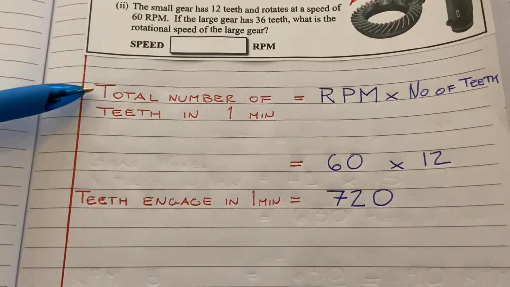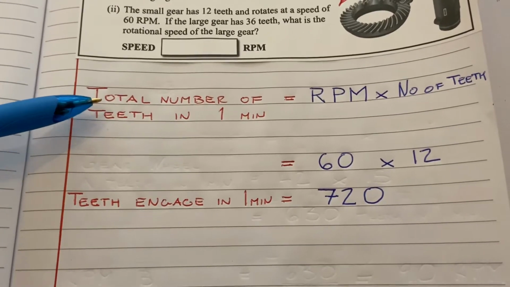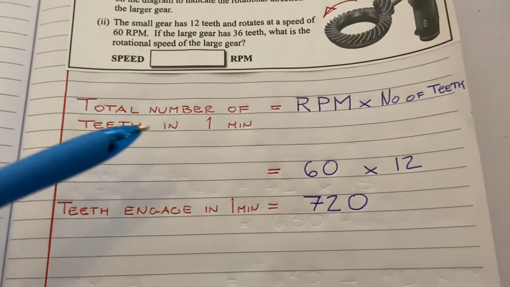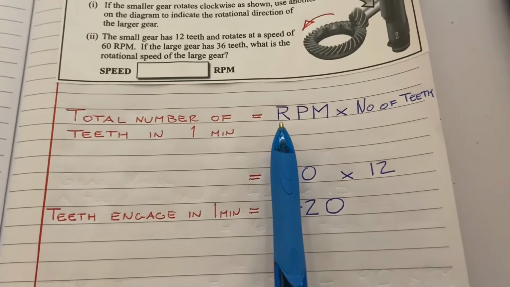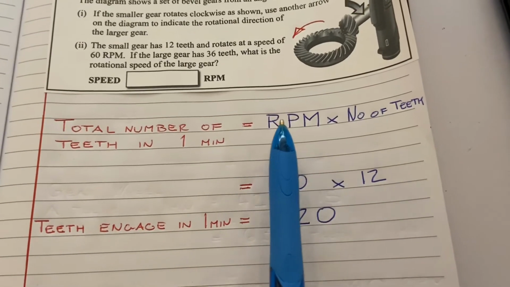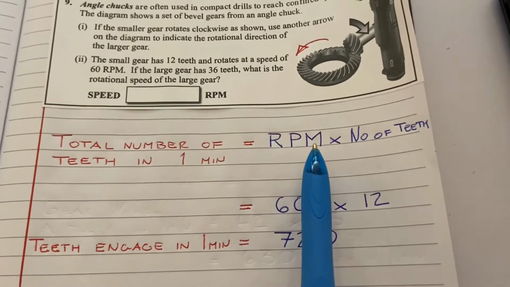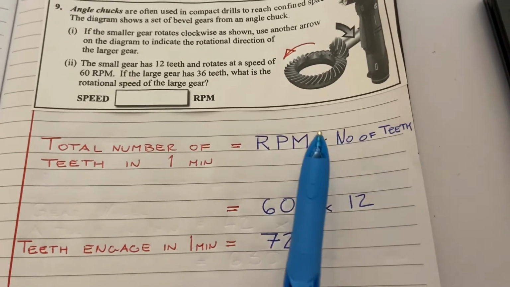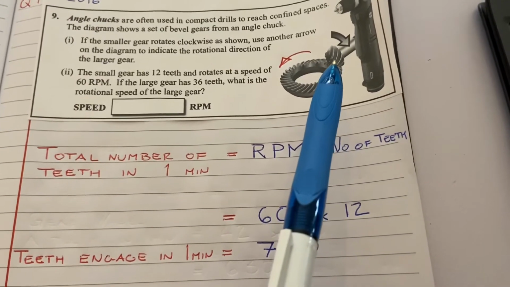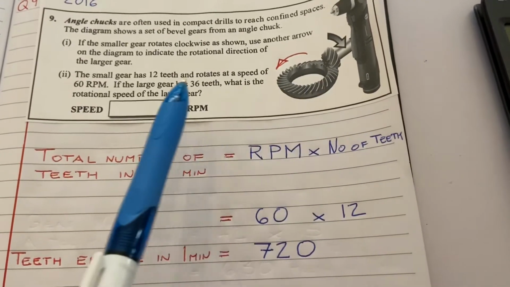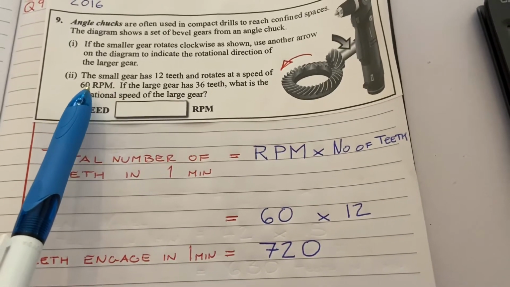So to work out the total number of teeth that pass by in a minute, it is the RPM, which is the rotations per minute. That means that in a minute, that wheel is going to spin around 60 times.